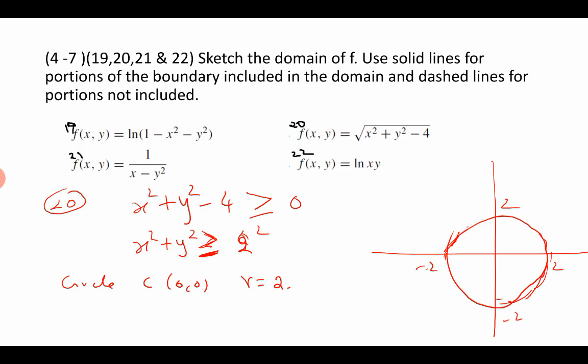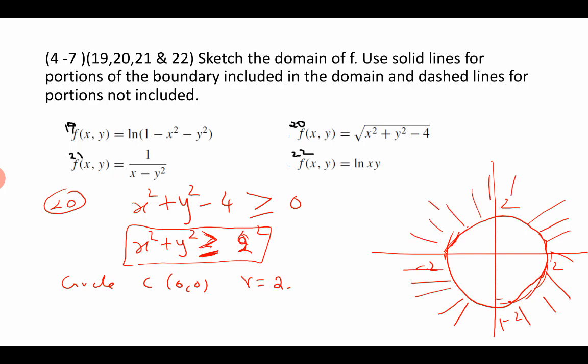So now the question is whether interior or exterior. Since x square plus y square is greater than the radius, it is outside. If it is lesser than the radius, then you will find the interior. So all the area outside the circle, including on the circle, is our domain. This is problem number 20. You can try. Okay, I will solve these two problems for you.